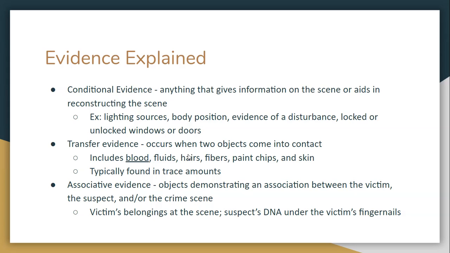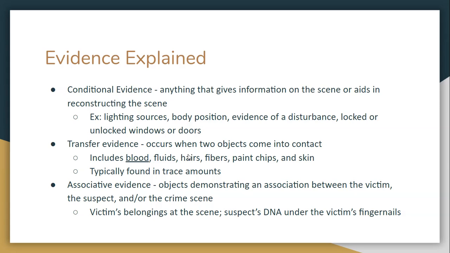Conditional evidence is anything that's going to give information on the scene or helps reconstruct the scene. So like lights, position of the body, evidence of a disturbance, locked or unlocked windows or doors. Transfer evidence is anything that is transferred when two objects come into contact. So blood, fluids, hairs, fibers, paint chips, skin can be considered transfer evidence.